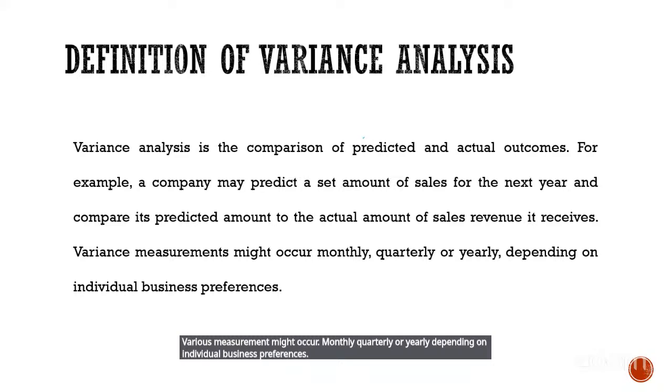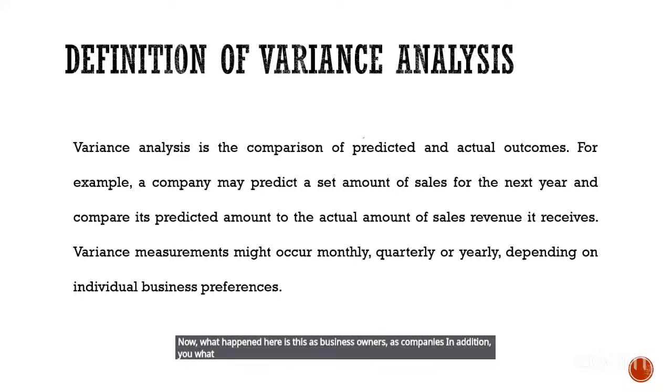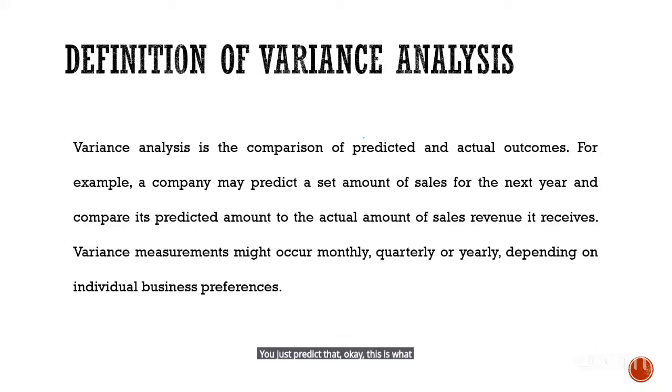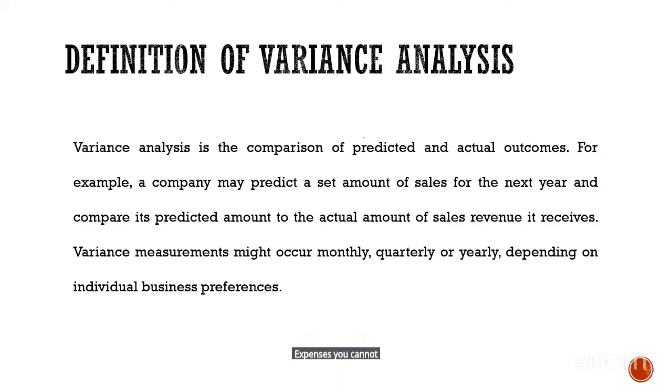Now, what happens here is this. As business owners, as companies, as organizations, you make your budget. And remember that budgets are just predictions. You just predict that, okay, this is what you intend to achieve. You say your sales will be this amount, your purchases will be this amount, you pay this amount for lighting, you pay this amount for insurance, or some expenses you cannot even get the accurate figure.